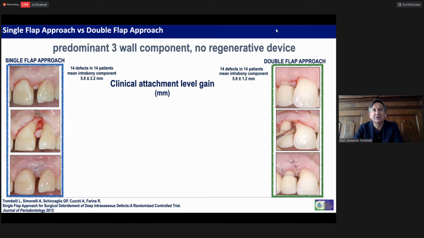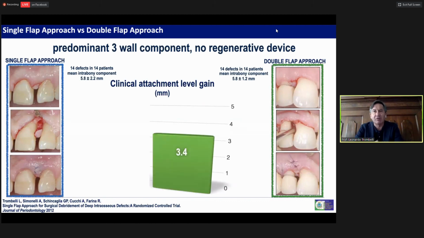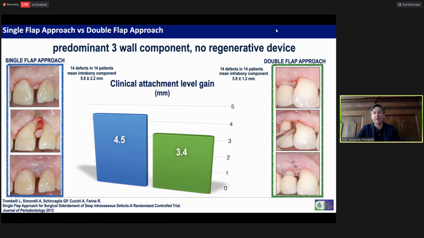In this particular study, we tackled predominantly 3-wall component defects, and we did not use any regenerative device due to the favorable morphology of the lesion. To cut a long story short, I don't want to show many numbers: with the double flap approach we were able to gain 3.4 millimeters, whereas with the single flap approach, without using any regenerative device, we ended up with 4.5 millimeters. In other words, 1 millimeter more clinical attachment level gain.